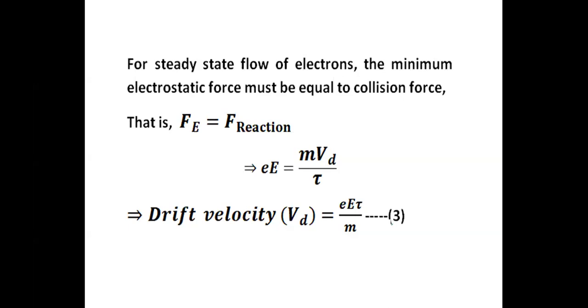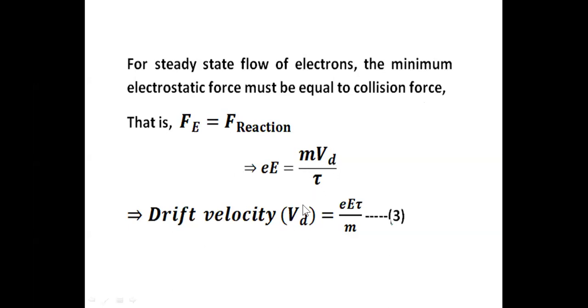That's why, for steady state flow of electrons, the electrostatic force must be equal to the collision force. Under this condition, substitute Fe equal to F reaction, where Fe is equal to e into E and F reaction is equal to m Vd by tau.